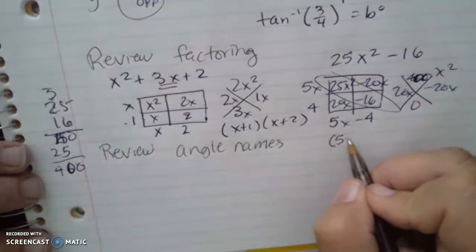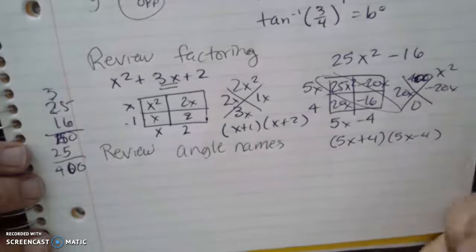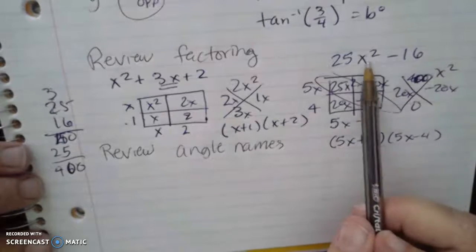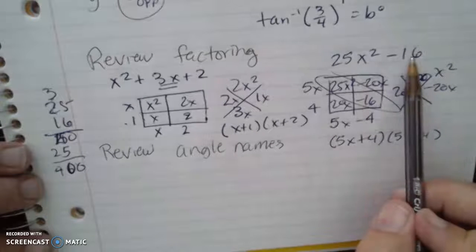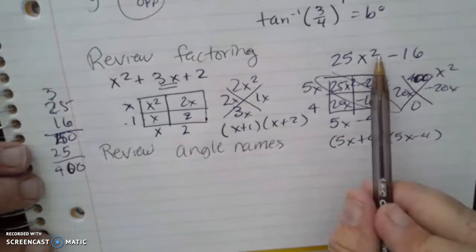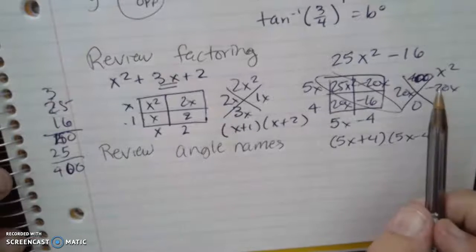So see how it's 5x plus 4, 5x minus 4. Well, if I could have recognized that this was a difference of two squares, this is 5x times 5x, and this is 4 times 4, I could have just gone straight from here to here. But I had to work around and fight with my calculator on my phone.